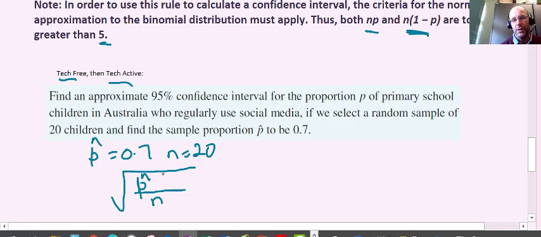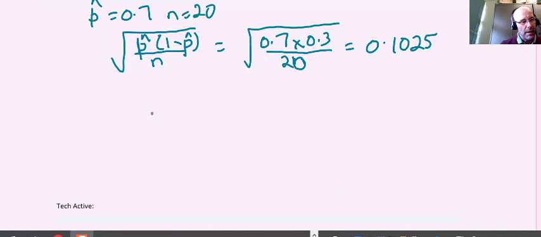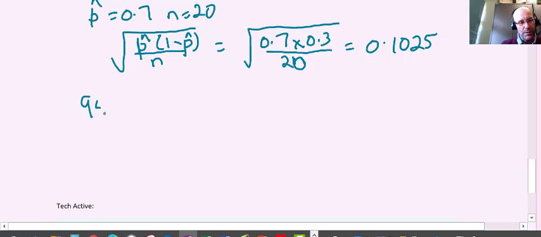So we've got p hat times 1 minus p hat over n, and then we take the square root, and from that we get 0.7 times 0.3 over 20, which is 0.1025.